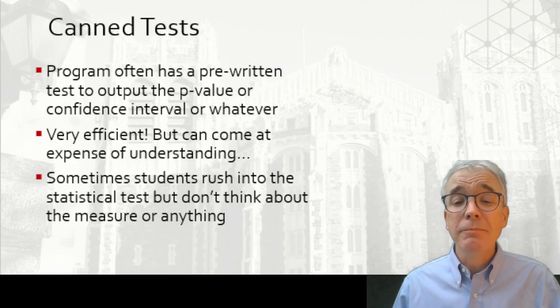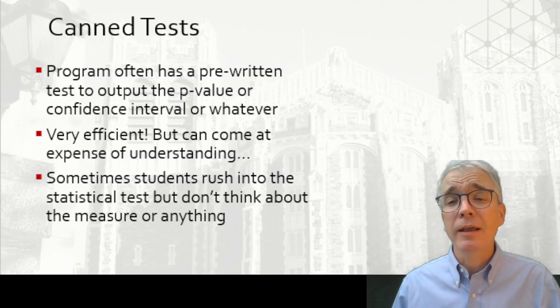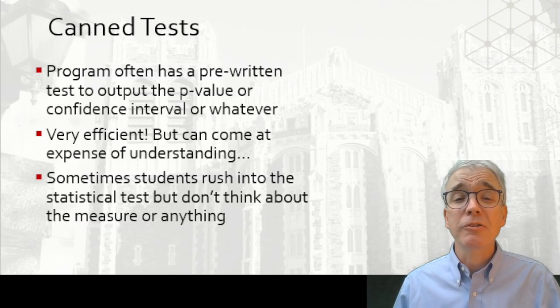I mean, I'm kind of down on canned tests in general, I have to admit, because I found for a lot of students, they're looking for a shortcut and they don't get the understanding of what's actually going on. I've asked questions on an exam where the difference in the mean is completely opposite sign to what we'd expect. And yet students will go through and plug in the test because they think they know what they're doing. They think they're just plugging values in a formula.